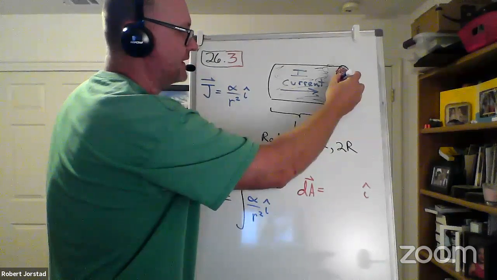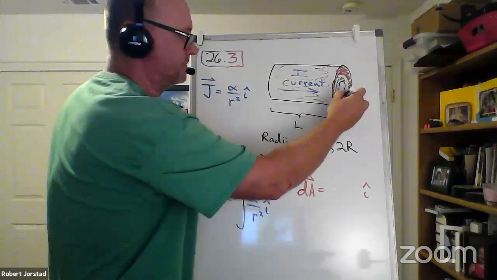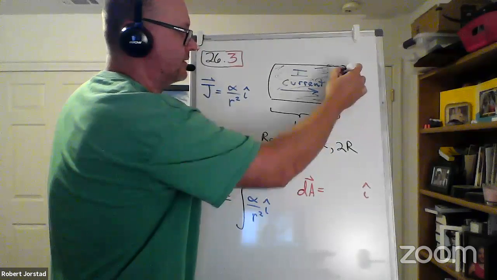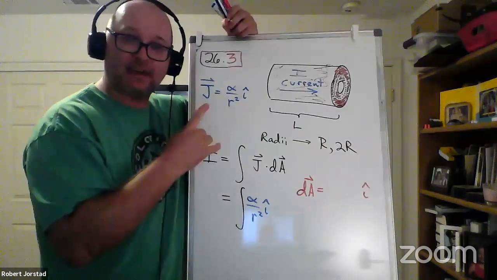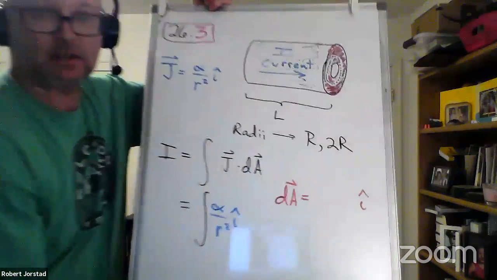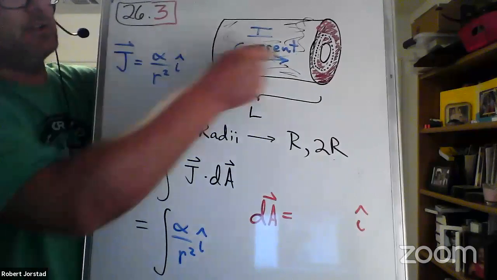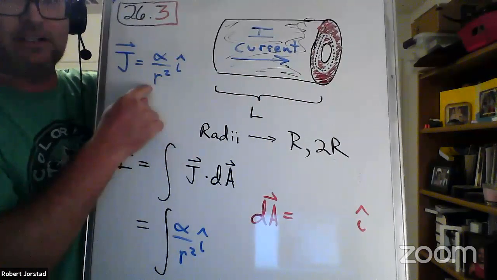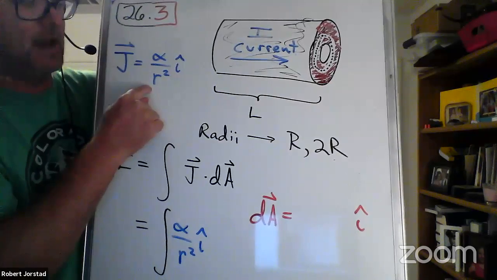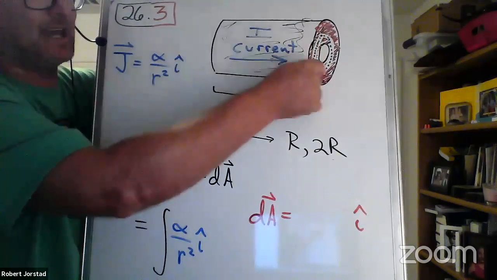Imagine if I tried to figure out this section right here. Why did I choose that? Why would I choose this little section in here? Because the current density is going to be the same at every single spot in this slice.